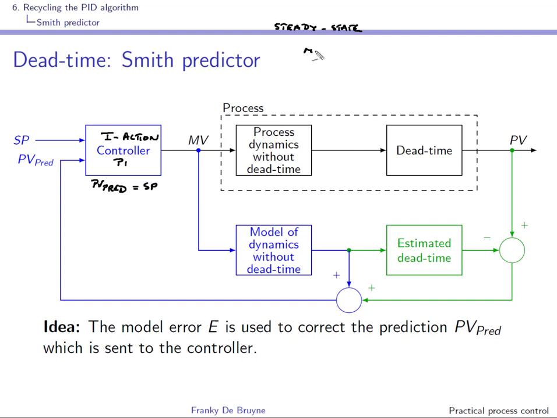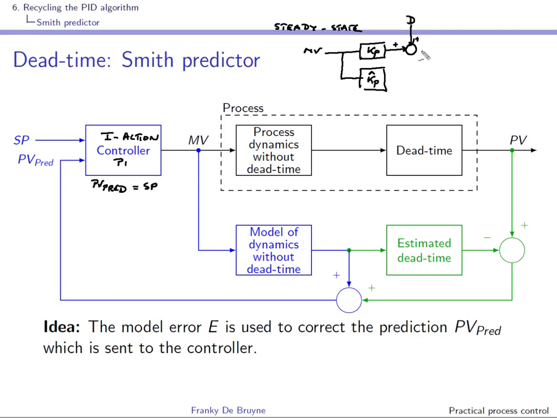So let us have a look at this part of the control scheme in steady state. We'll have MV. Here we'll have Kp, the actual gain of the system, and here in the model we'll have the estimated process gain. So MV is constant, it's going in, and here to emulate the effect of a disturbance, we'll assume a constant disturbance.